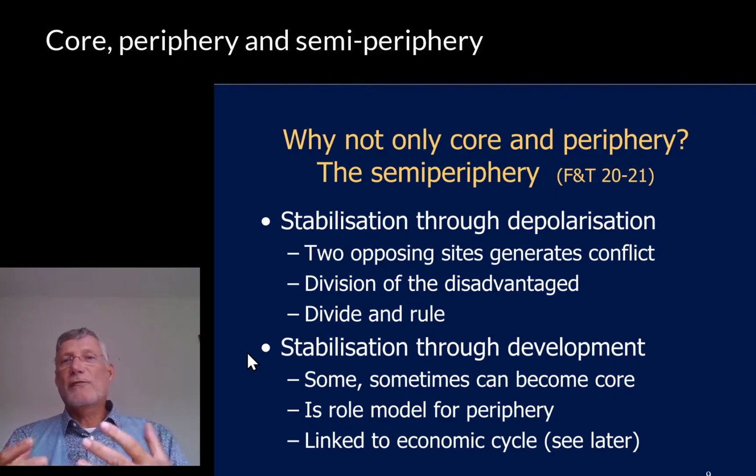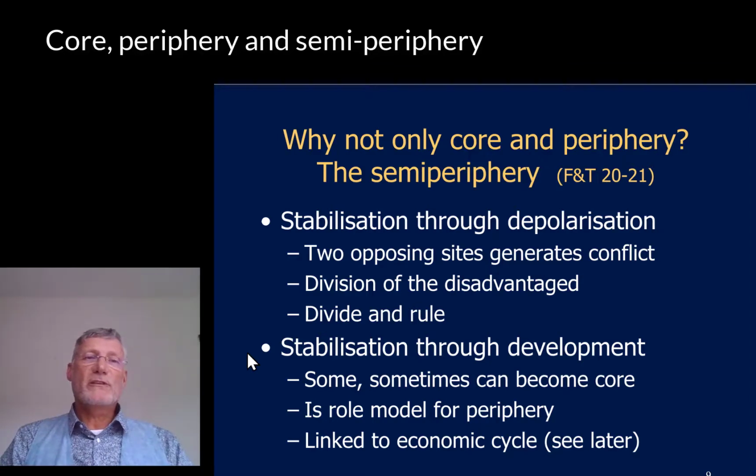If you are in power in a peripheral state, you can work your state machinery to become more powerful in the capitalist world economy, so that you become more like a core state. And through the states of the semi-periphery, where you're very actively involved in the economy, you can develop, and that also creates a lot of stability in the system.